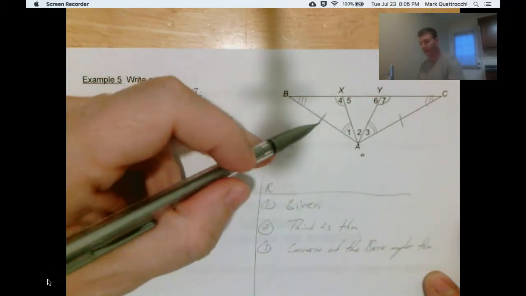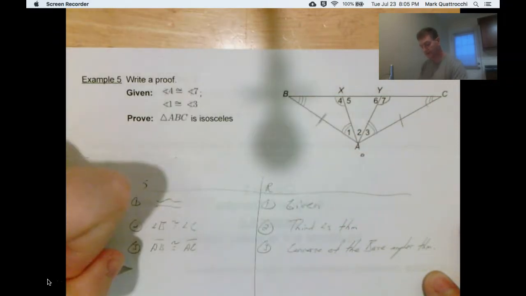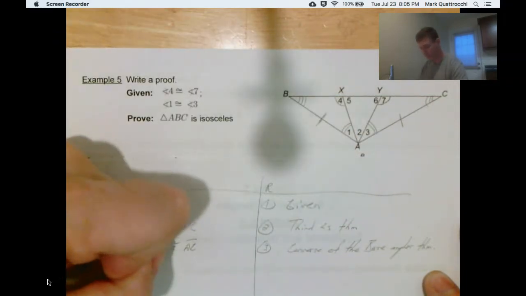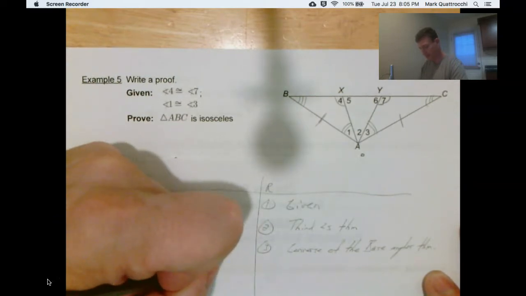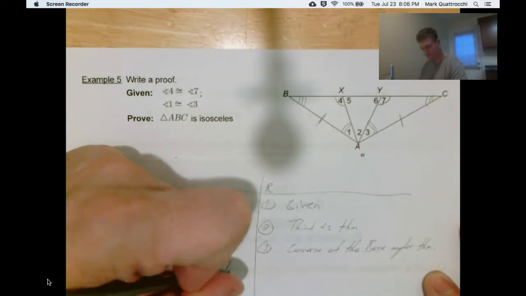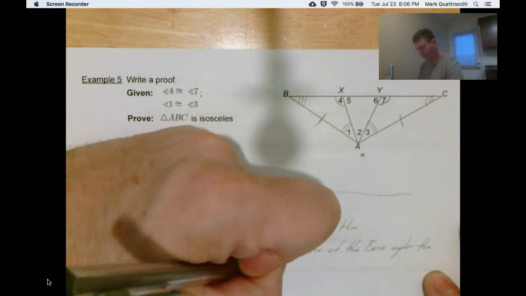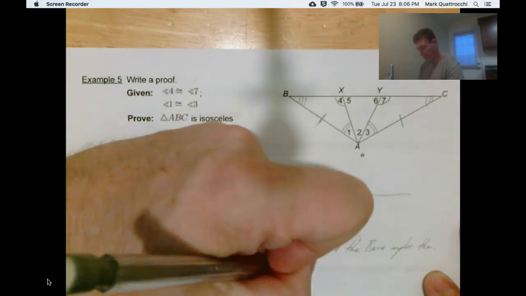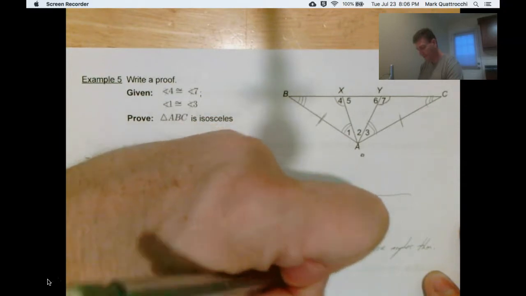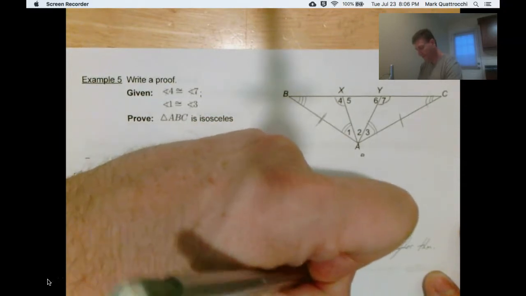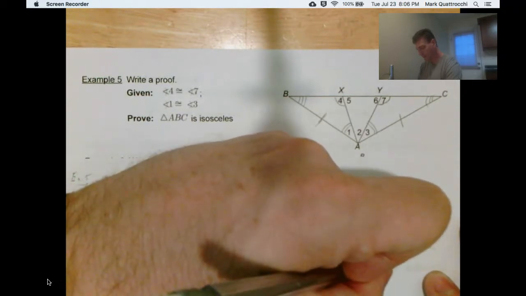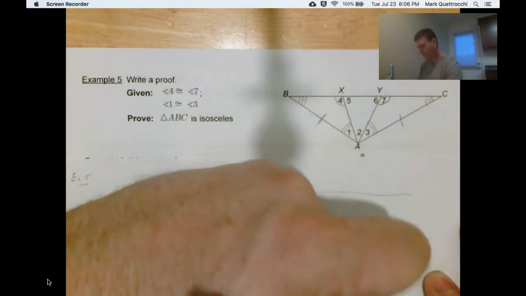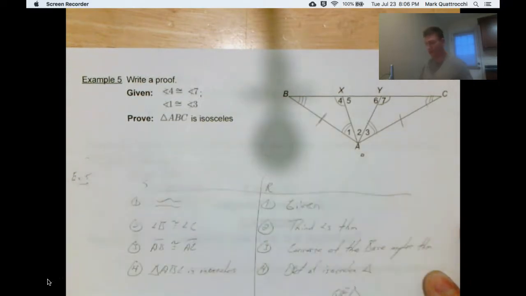And now that we've got AB congruent to AC, statement 4, triangle ABC is isosceles. Definition of isosceles triangle. QED.